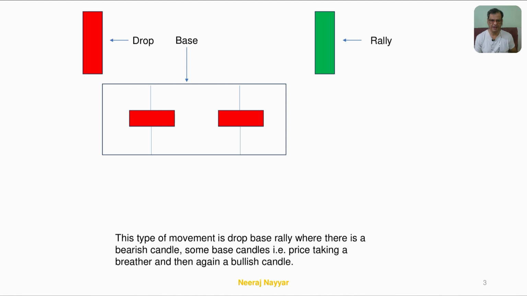So then we have rally again, where the open is lower than the close, so price goes up. This type of movement is when the market is dropping and suddenly the bulls start fighting back. Sellers try to bring the price down, but they can't. So you have a few doji candles or small body candlesticks even without a doji. And then finally the bulls overpower the bears and you have a rally. So this is called drop base rally.